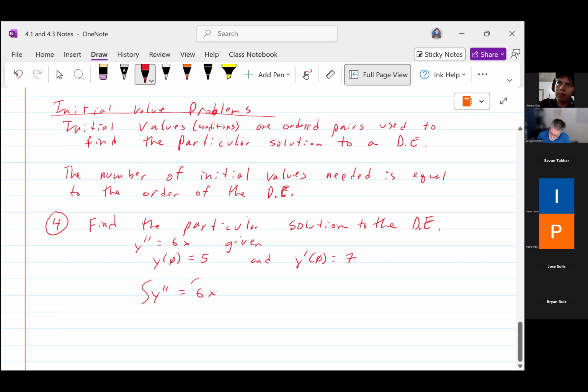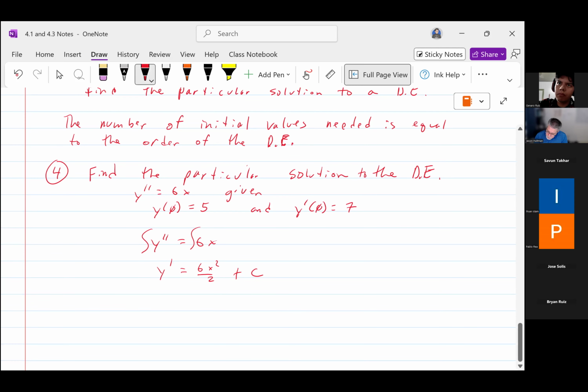So let's do this. Let's take the integral of both sides here. The integral of a second derivative is going to be a first derivative. That's going to be equal to 6x squared over 2 plus C. I'm going to call this C1, because you'll see in a second why I need to call it C1, because I'm going to end up with another constant.